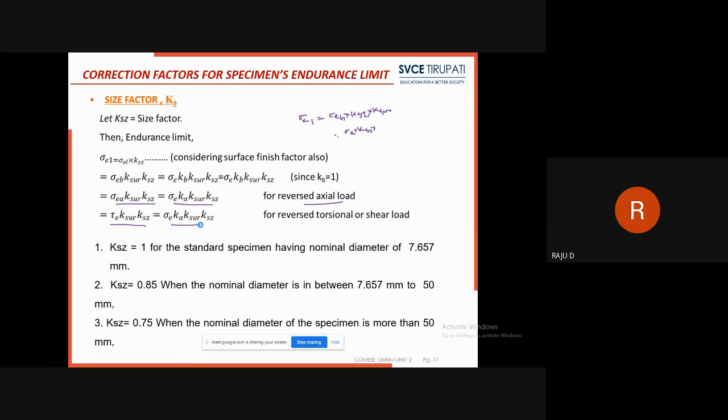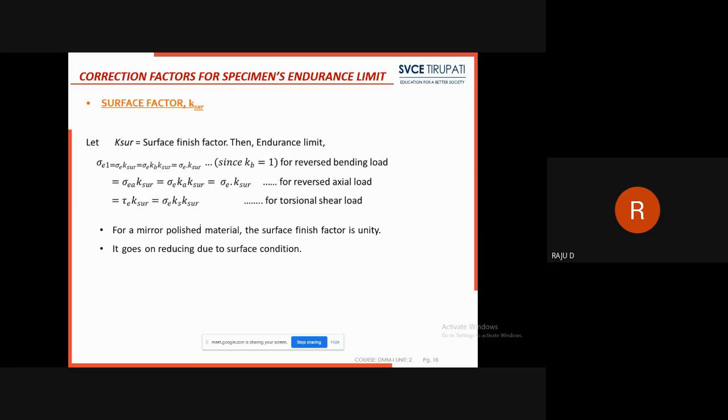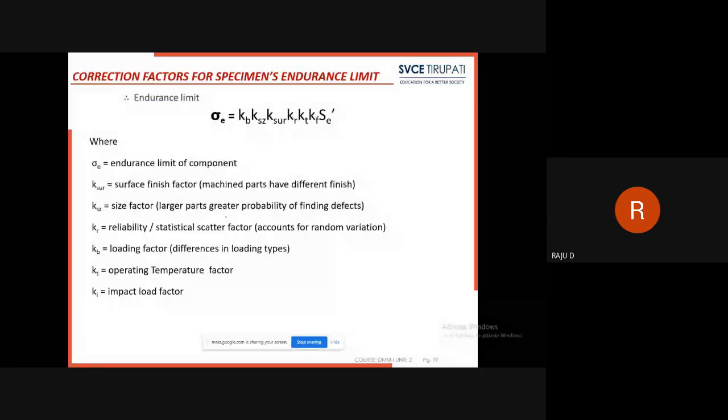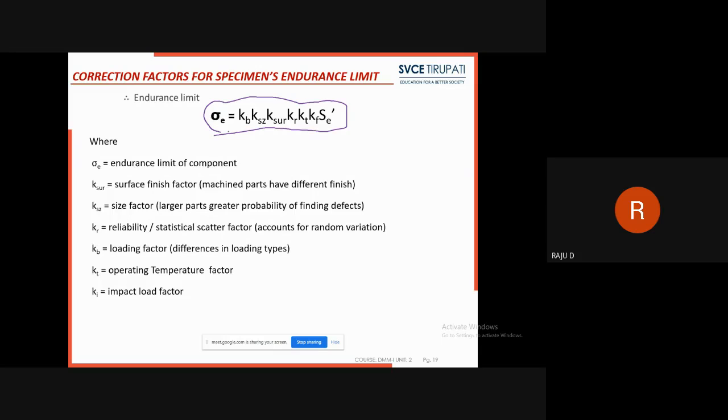The next one, surface, I already told you. So next is the correction, which is very, very important. This relation is used to calculate the corrected endurance limit value: sigma e is equal to kb into ksz, that is size factor, into k surface factor, into kr reliability factor, into kt, the theoretical stress concentration factor, called the reversed sigma e dash.